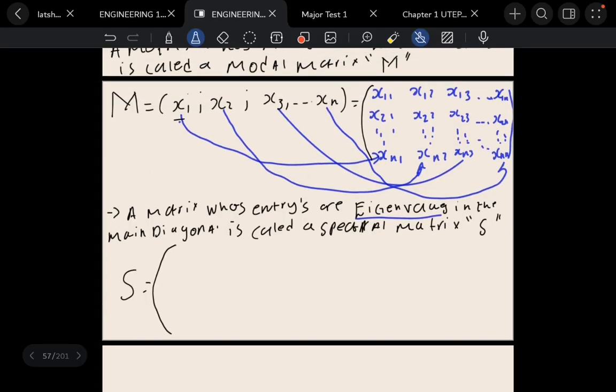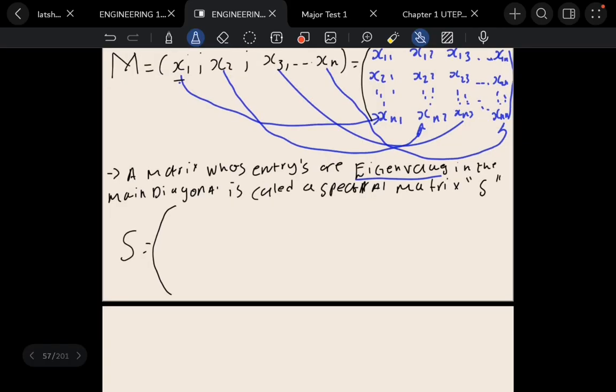Another thing you need to notice: the first column is for x1, so your first eigenvalue must correspond with x1. So I'm going to have lambda 1, 0, 0 until you have a 0.